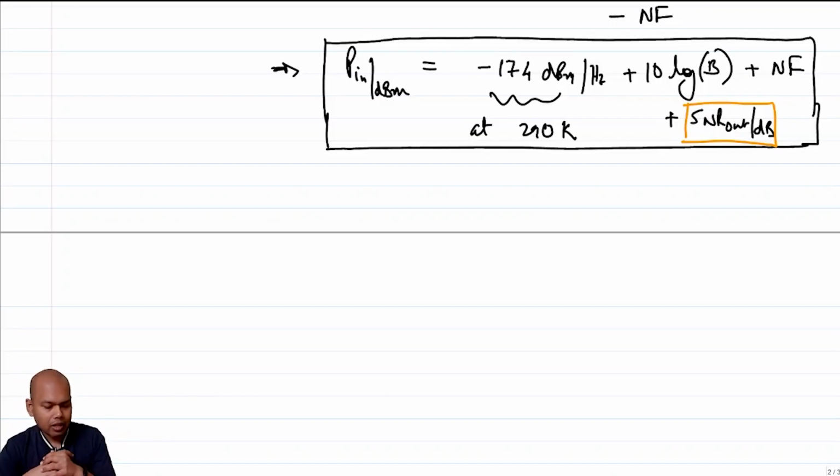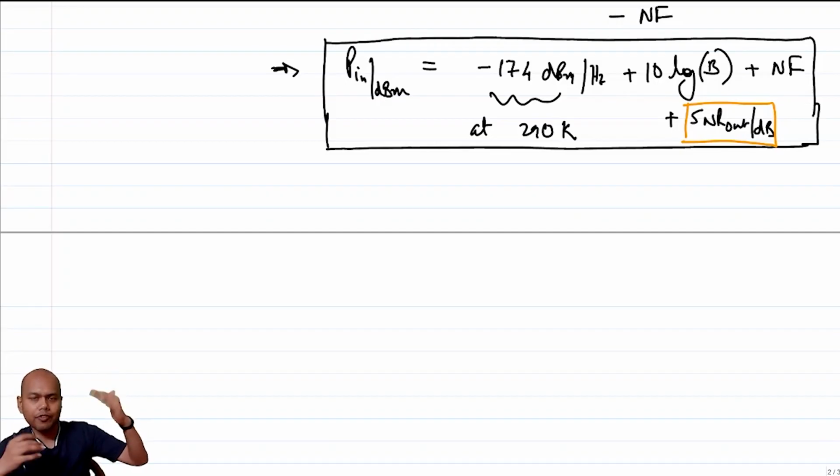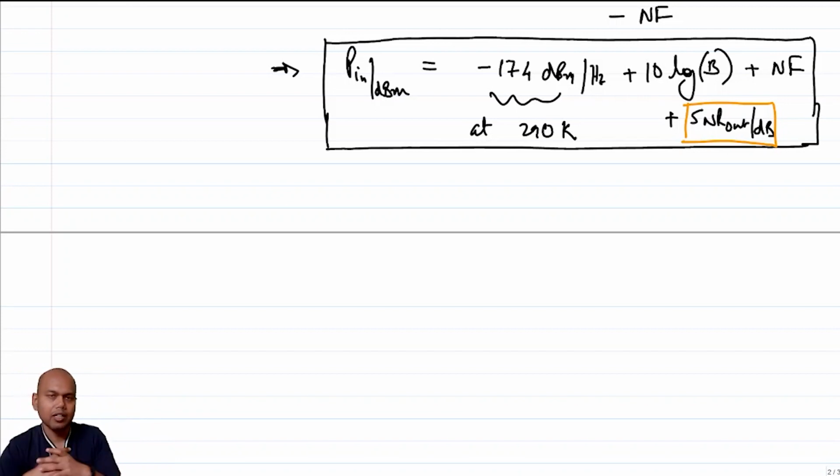If we want to distinguish the signal from the noise, the signal should have higher power. Whatever I receive should have a higher signal content than noise content, right? So in mathematical terms, we should have SNR out which is more than 0 dB.